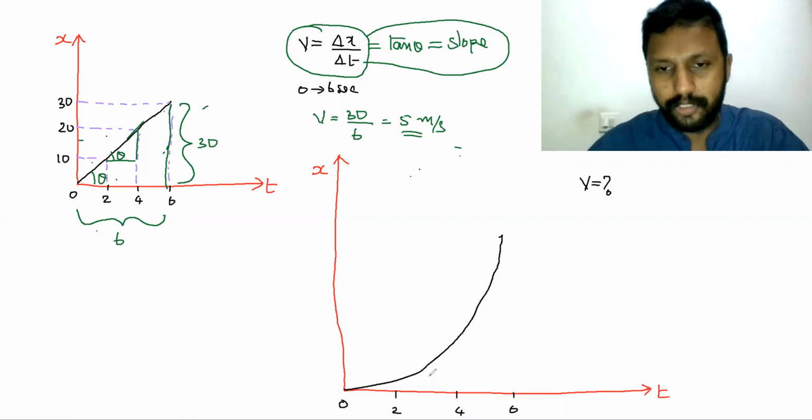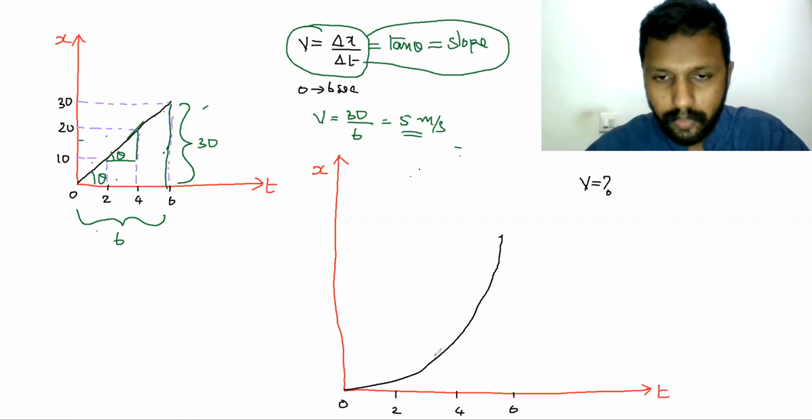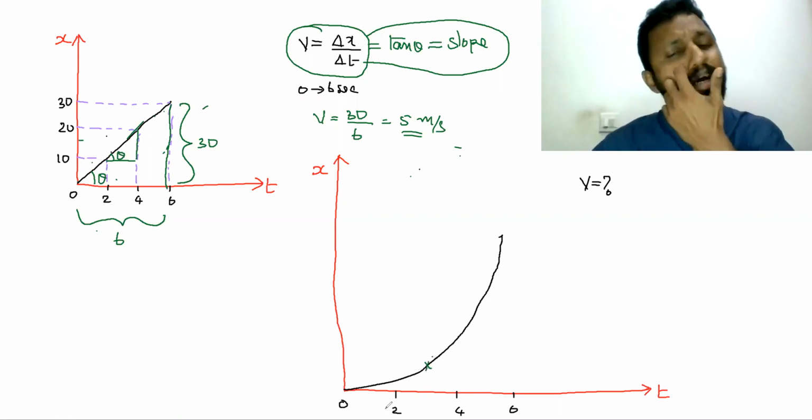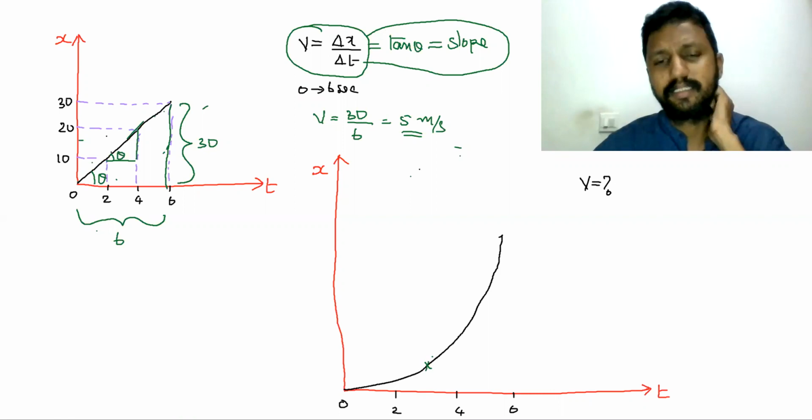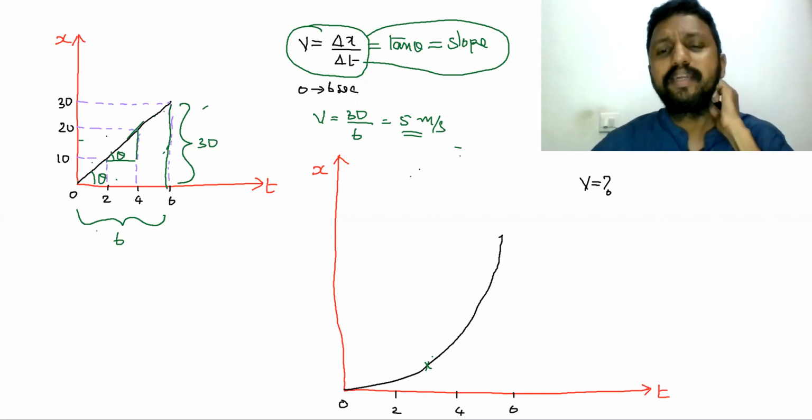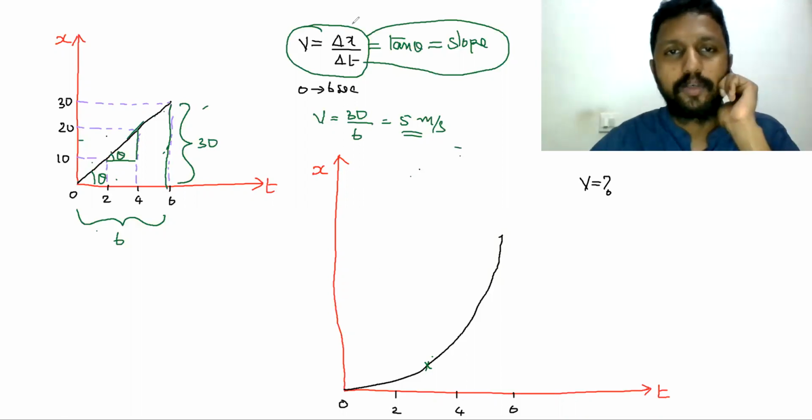In this situation, let's say they are asking you the velocity at this particular instant. If they are asking you the velocity at this instant, we could find the velocity by using this formula.